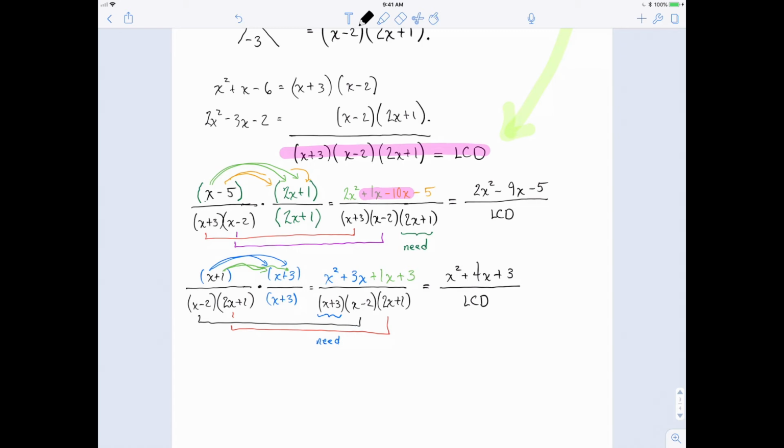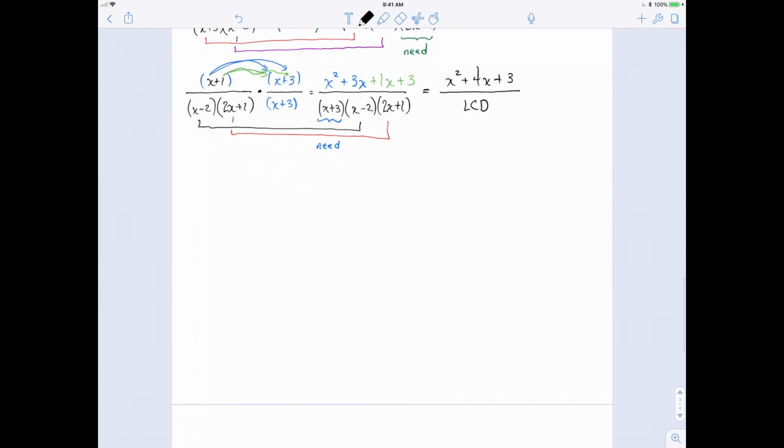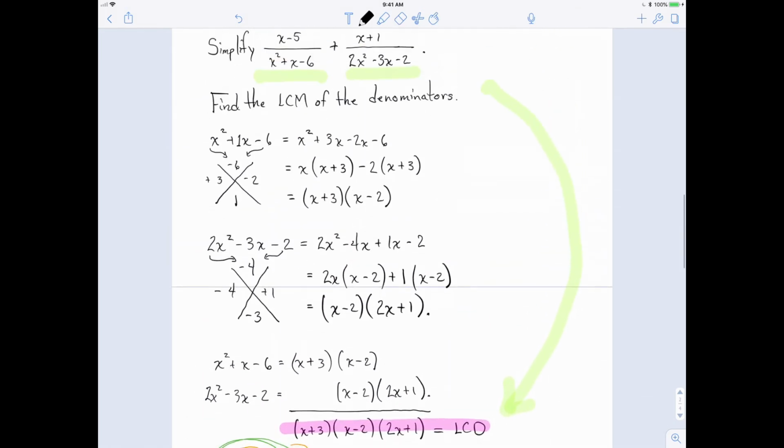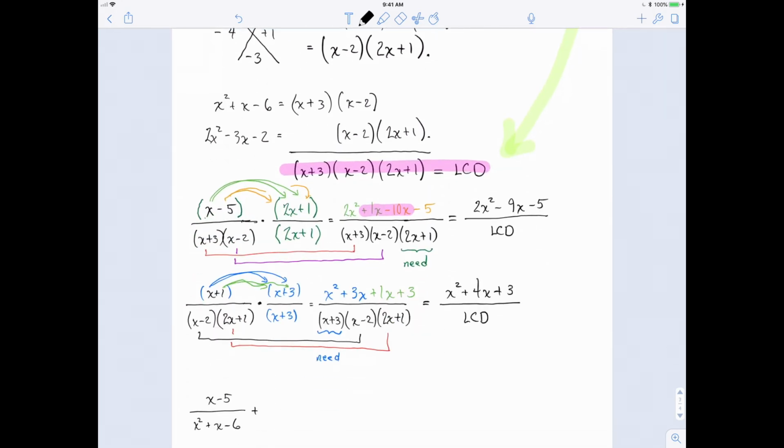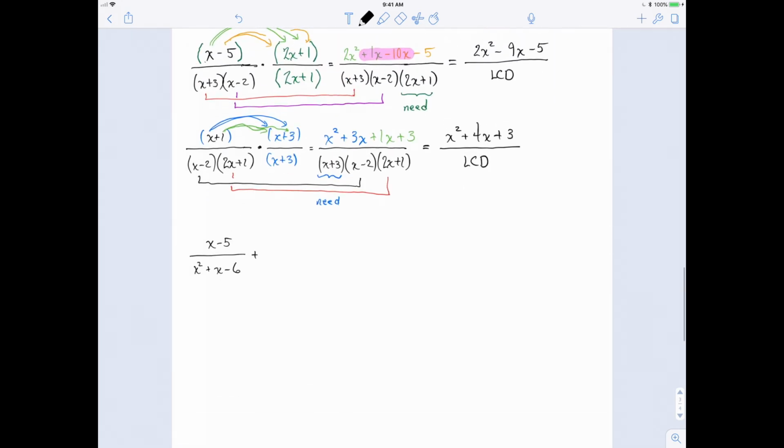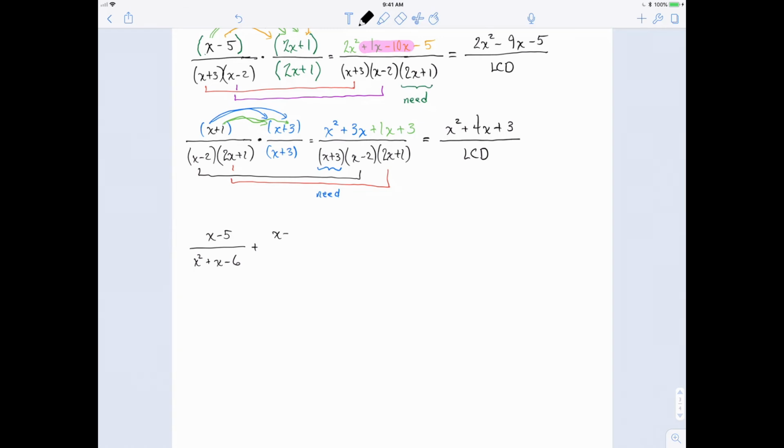Okay, now we've made really good progress. Let's just now look at the whole problem. We started with the problem of x minus 5 over x squared plus x minus 6 plus, let me check here, x plus 1. I'm going to need that. X plus 1 over 2x squared minus 3x minus 2.